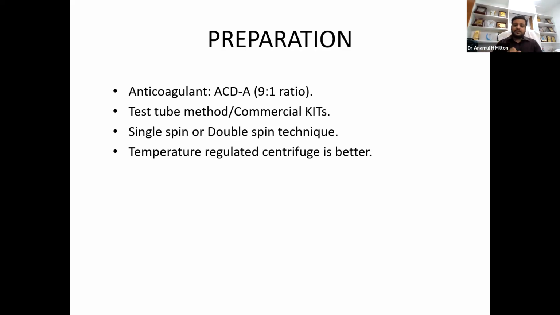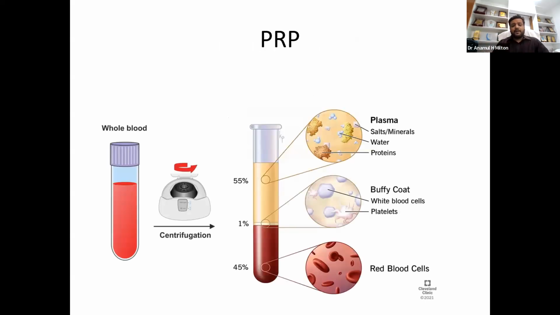And there is also an important part called temperature regulation, because platelets function best near 20 or 22 degrees centigrade. During centrifugation there is friction and the temperature increases, so the quality of the platelets may deteriorate. So a temperature control system is a very important part of making PRP. Here we can see the whole blood in the centrifuge, and then the buffy coat method.